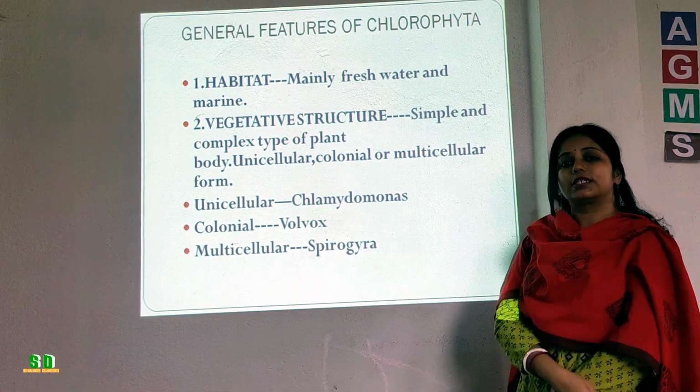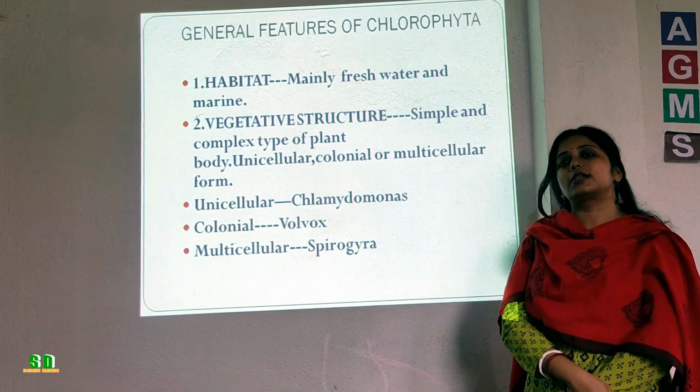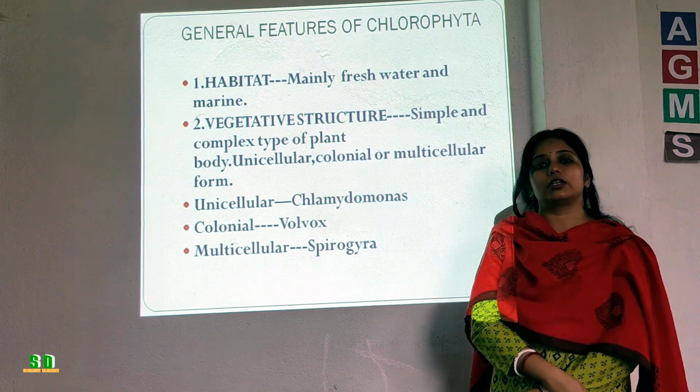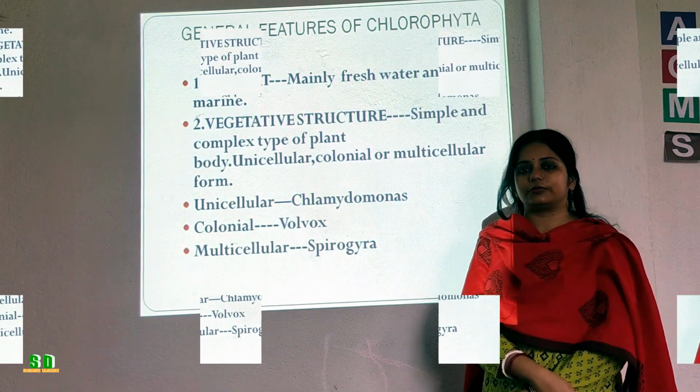The example is Spirogyra. There are some other examples also like Oedogonium, Ulothrix, etc. They also have the filamentous structure.